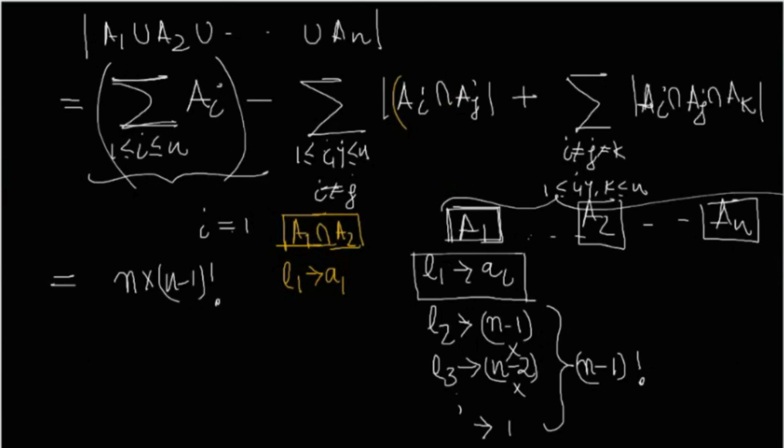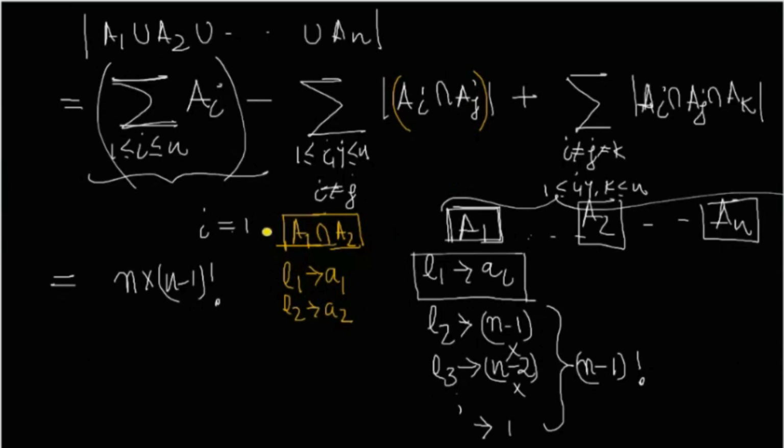Because this is how these elements look like, isn't it? In A1 intersection A2, L1 goes to A1 and L2 will also have to go to A2. That's what the intersection means.